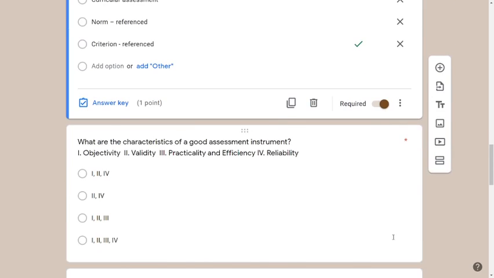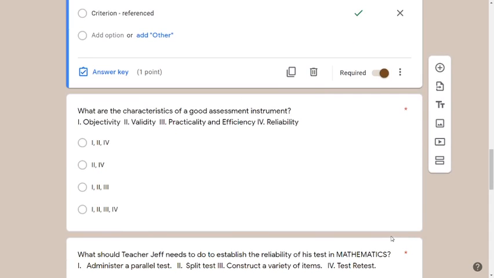Okay, so next here is, the next question is, what are the characteristics of a good assessment instrument? Okay, the options are objectivity, validity, practicality and efficiency, and last, reliability. Okay, so you have to check the options here. As you can see from the options here, you will notice that you have 1 on the 4 choices.